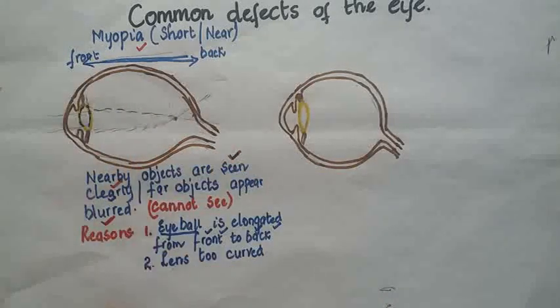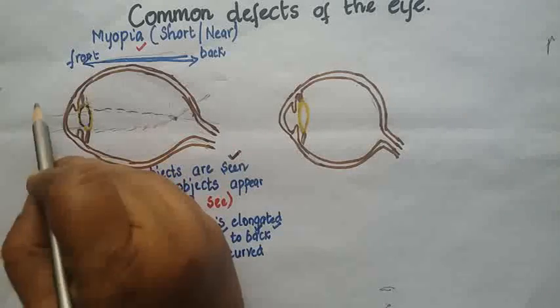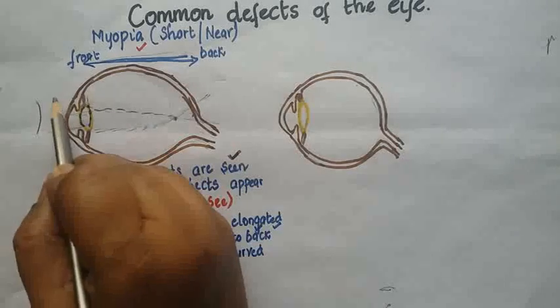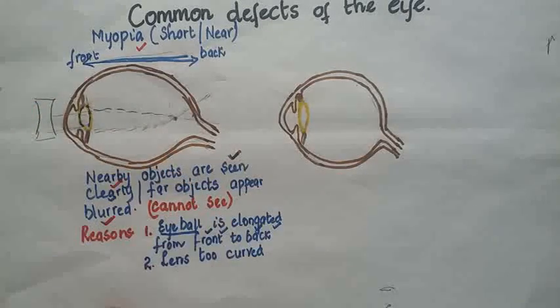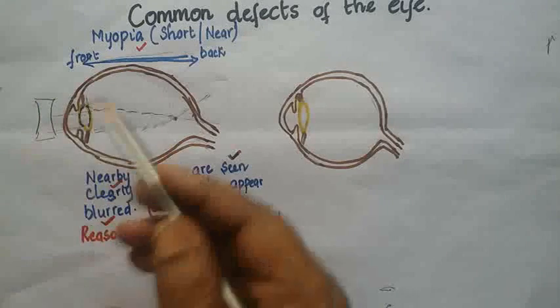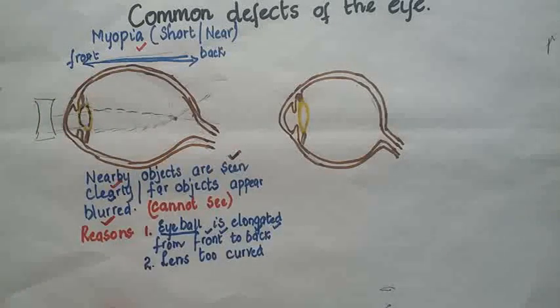Okay, so what is the remedial measure? In such case, the doctor advises him to wear spectacles, and the spectacles will have a concave lens. So what is the rectification for this? The child has to wear the concave lens. So what happens in the concave lens?